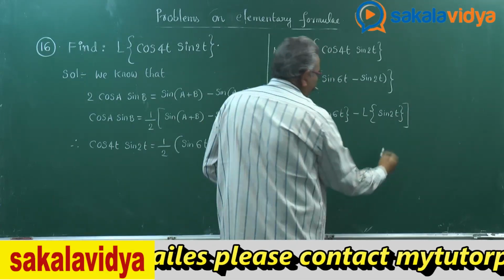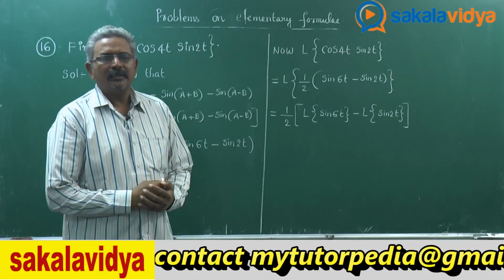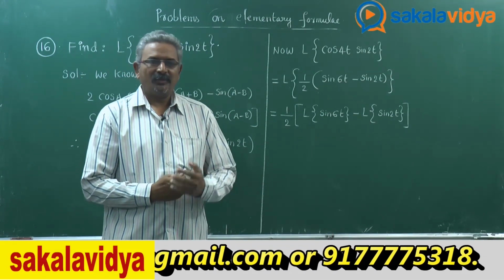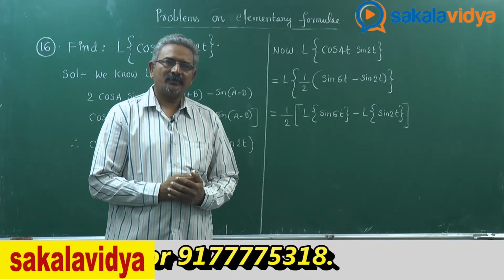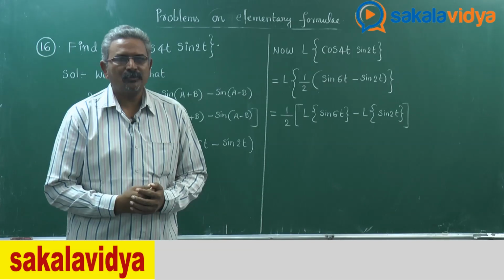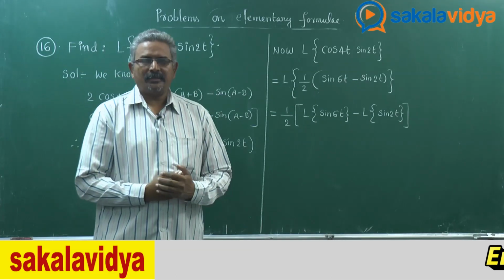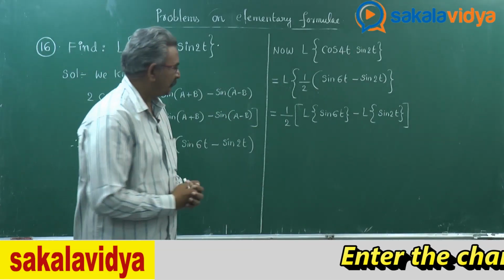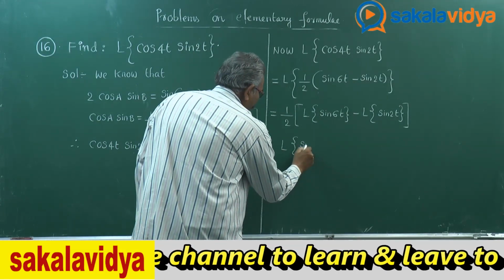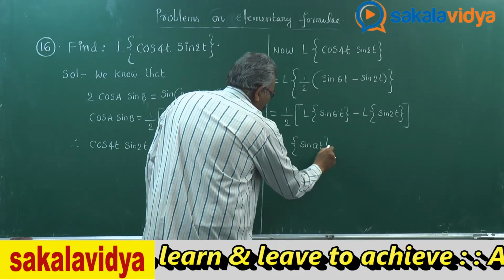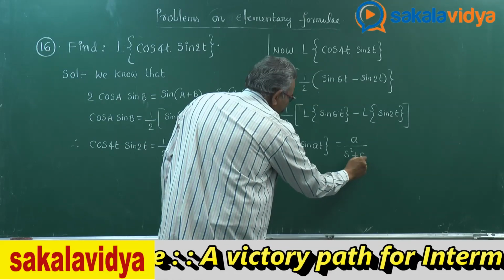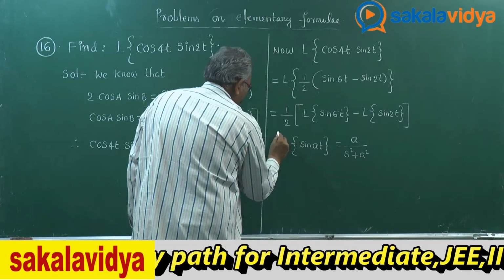One simple formula has to be recalled here, that is the Laplace transform of sin of at. Do you know the value of the Laplace transform of sin of at? Yes, why not? You might have practiced so many times. It is a by s square plus a square. So let me recall the formula: Laplace transform of sin at equals a divided by s square plus a square.